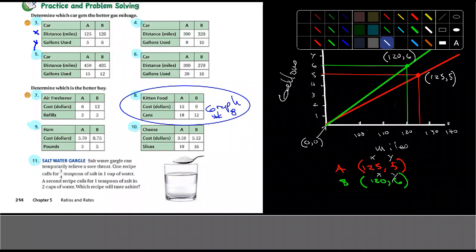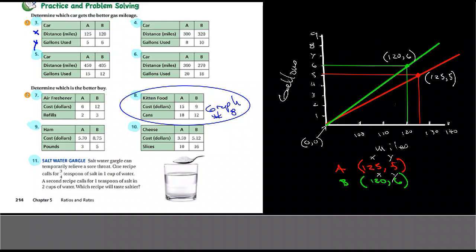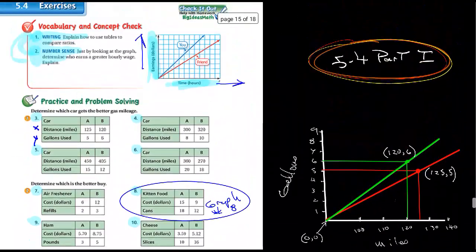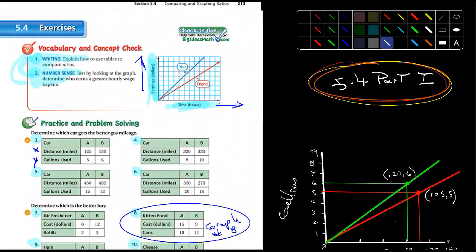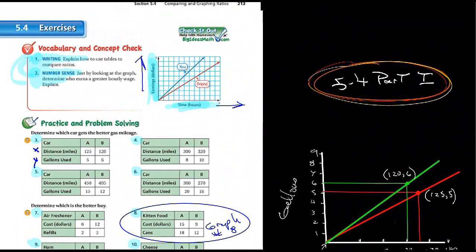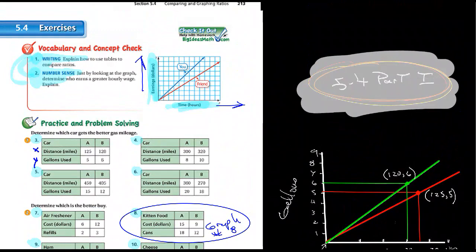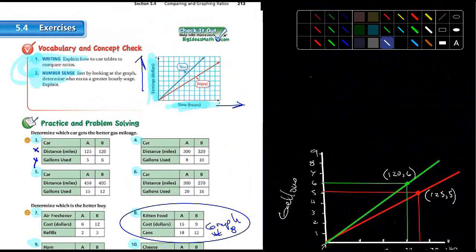All right. So, now, here's the easy way. Let me erase this really quick so I have a little room to work. Okay. So, they want you to determine which car is getting better gas mileage.